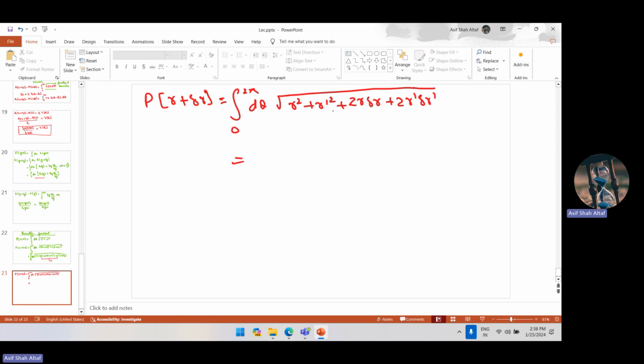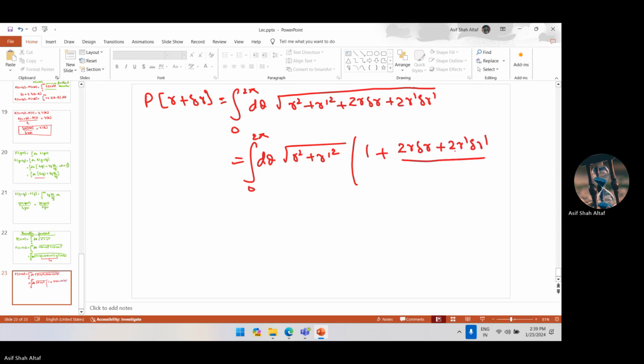Now, since r squared plus r dash squared is already larger than these terms, we will just take it out so that it can go into the denominator of the other terms. What we will have then is this big square root.